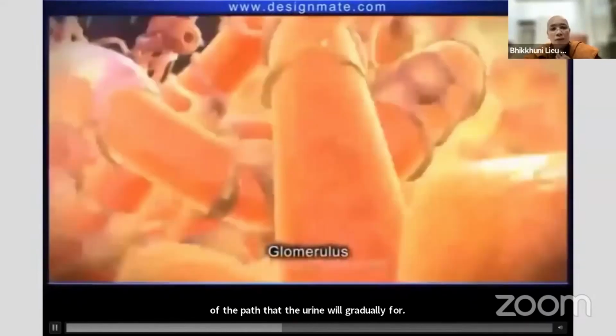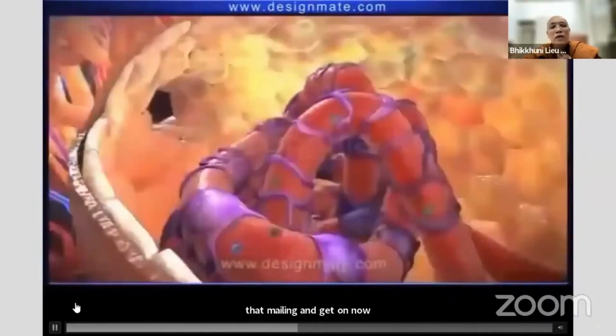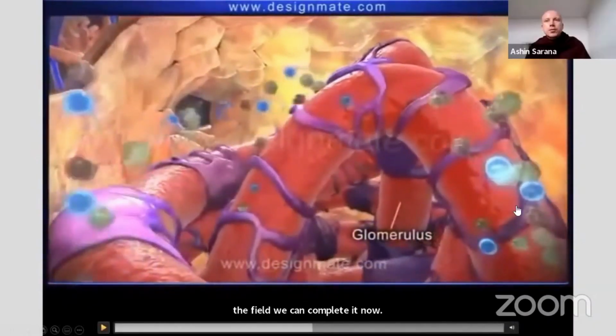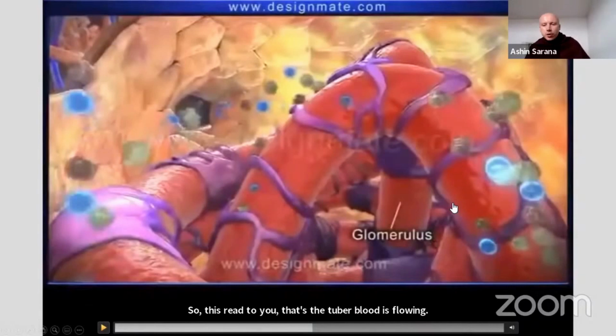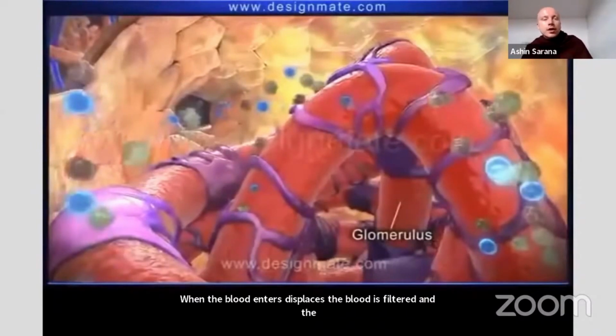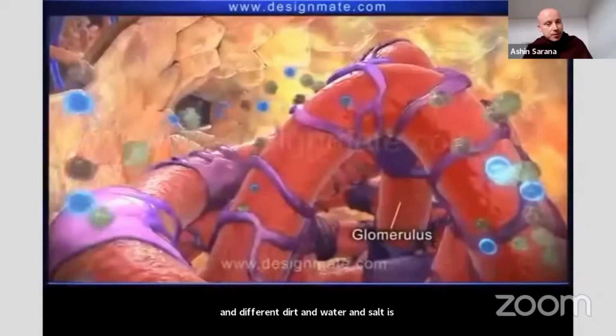So this red tube is the tube where blood is flowing, and as the blood enters these glomeruli, which are the little bodies inside those pyramids, the blood is filtered and the dirt and water and salt escape from the blood and enter this path of urine forming.